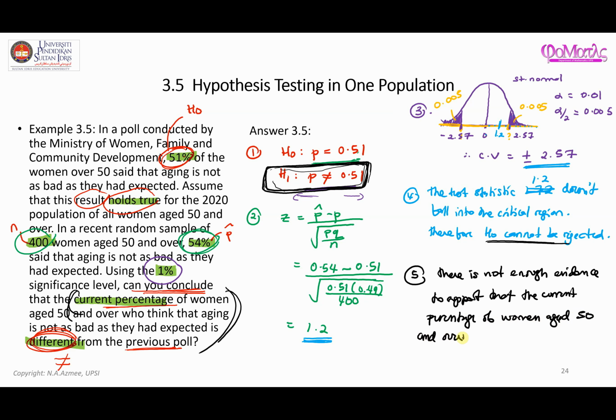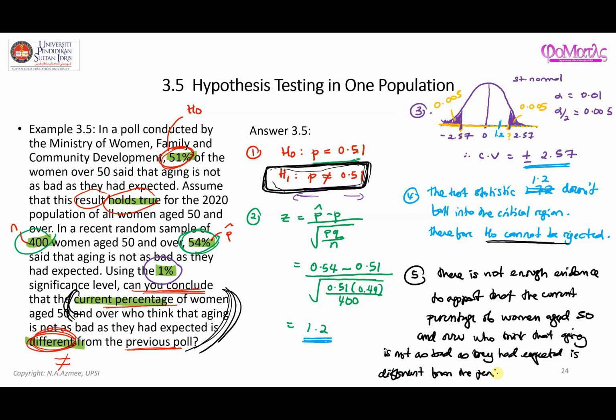So this is going to be a long statement, but basically I'm just writing down this part here. The current percentage of women aged 50 and over who think that aging is not as bad as they had expected is different from the previous poll.